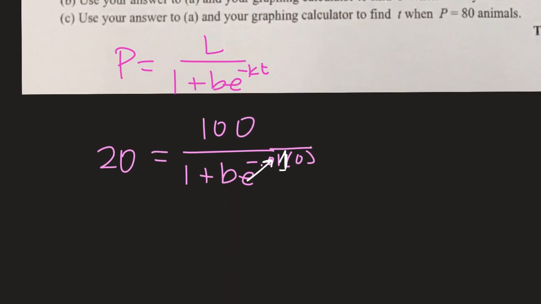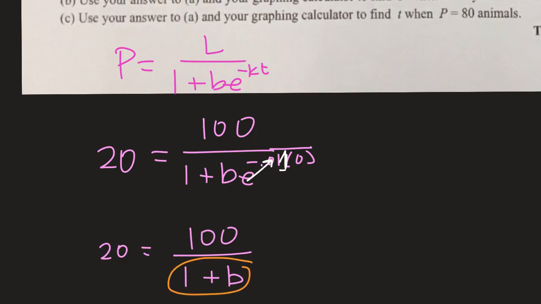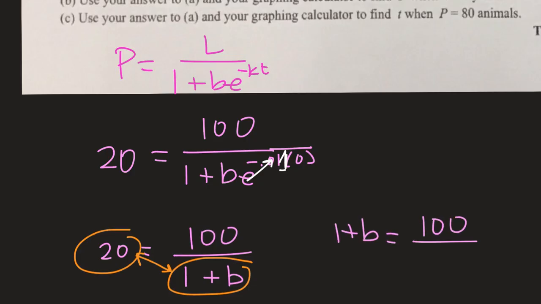So this becomes 20 equals 100 over 1 plus B. Multiply by 1 plus B, and then divide by 20, and these guys switch places. 1 plus B equals 100 over 20, which is 5.